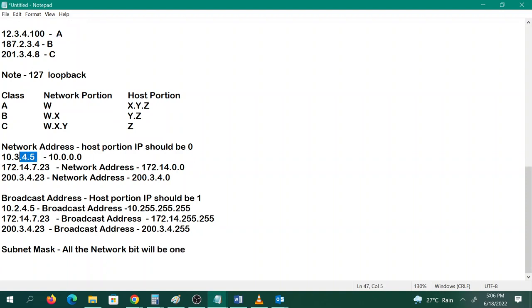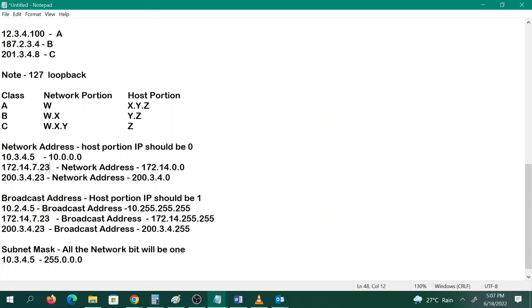For the same 10.3.4.5 IP, this is class A, so the network portion is the first octet. If we put all the bits in the first octet to 1, the value will be 255, so the subnet mask is 255.0.0.0. Only the network bits should be turned on.